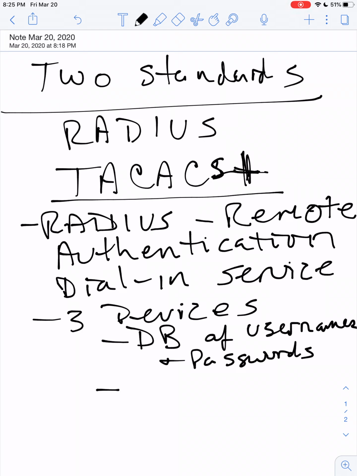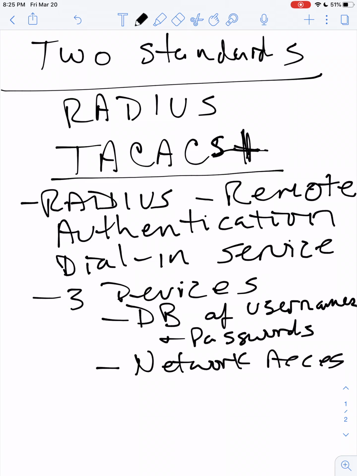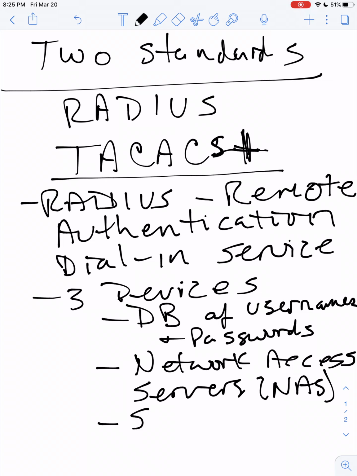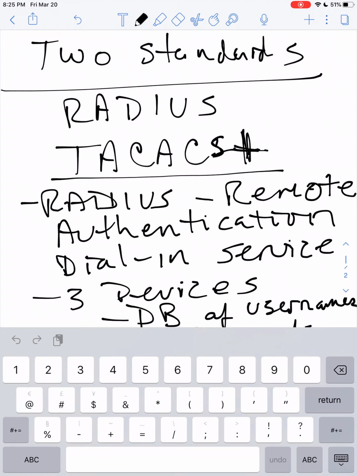We have our network access servers, and we would call this a NAS. And the last thing we have is the systems that want to connect to the network. Sometimes we call these clients.